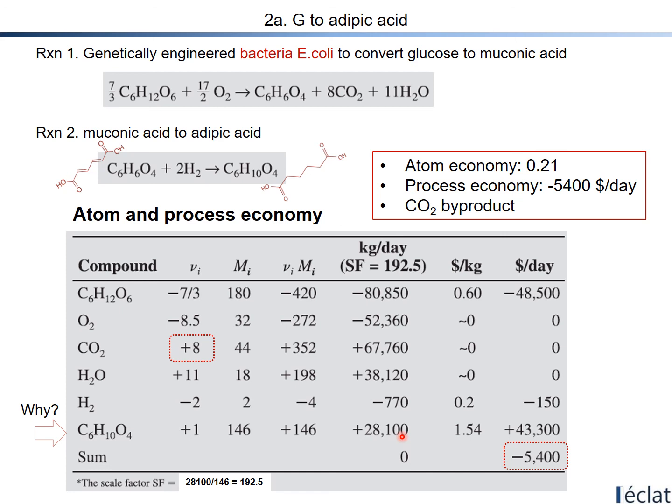So we will compare between benzene-based and glucose-based processes in terms of a fixed adipic acid production rate. Okay, so this value is coming from the previous example.